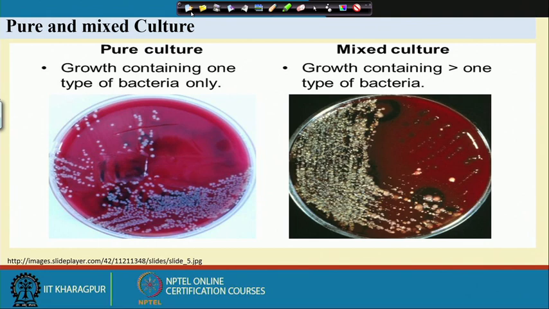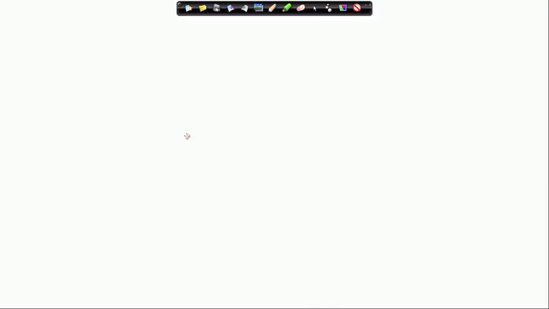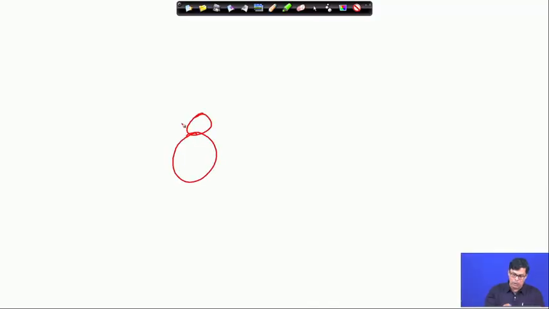In the case of yeast, suppose our desired yeast morphology is like this, and the wild strain organism is like this. So if you see under the microscope, even if it is the same yeast, looking at the morphology we can easily find out whether it is contaminated with other yeast cells or not.